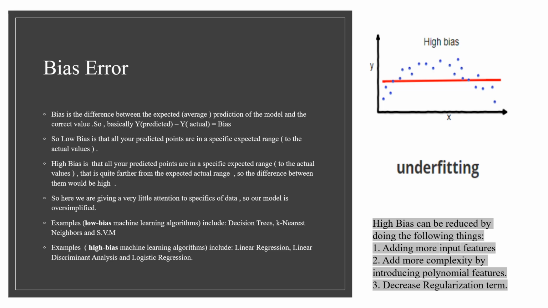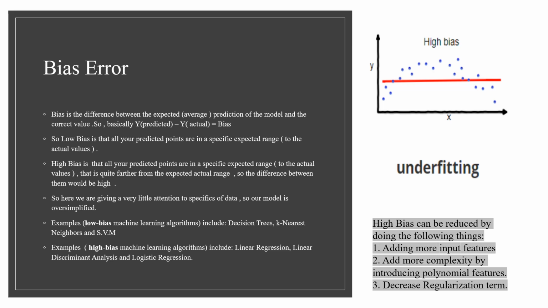Examples of low bias machine learning algorithms include decision trees, KNN, and SVM. The algorithms which are high bias include linear regression, linear discriminant analysis, and logistic regression. This is also called underfitting. You are oversimplifying your algorithm there.